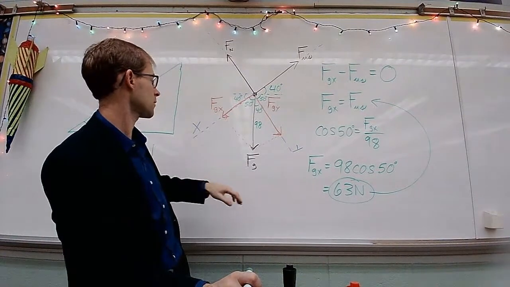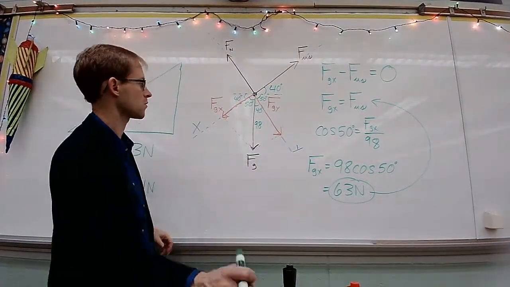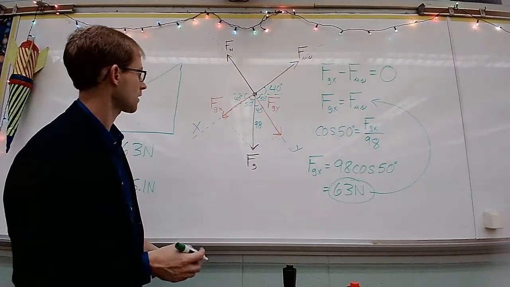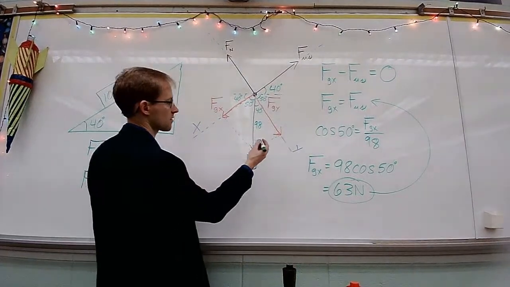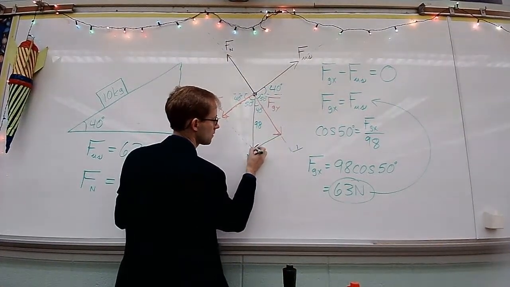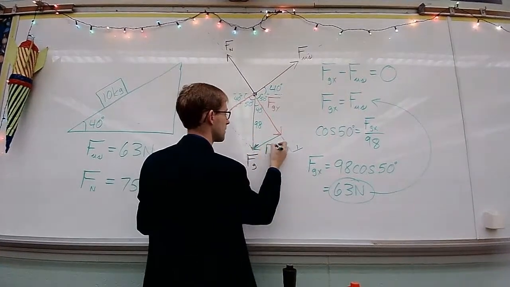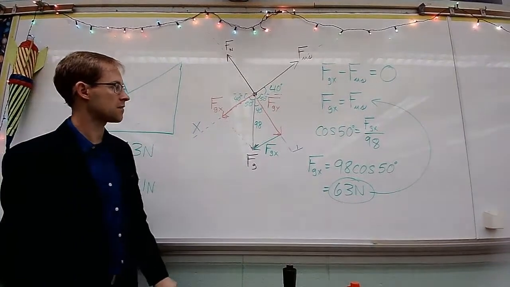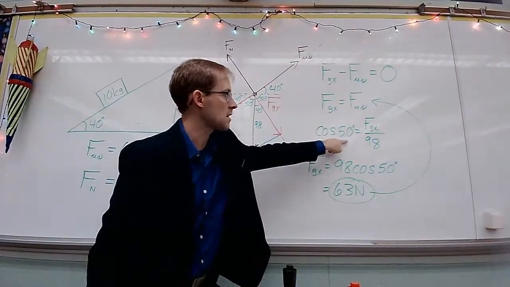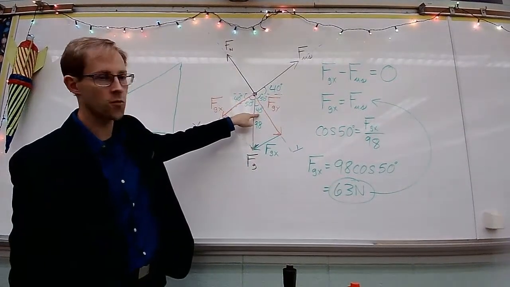Let's say we did the first part using this triangle, and you just want to use that for the second part as well. So if you're looking for force of gravity in the x direction, that force of gravity in the x direction is also equal to this side of this triangle. And so instead of saying cosine 50 is equal to FGX over 98, this is the opposite side of the 40-degree angle.